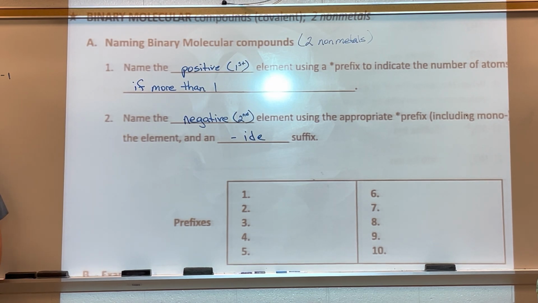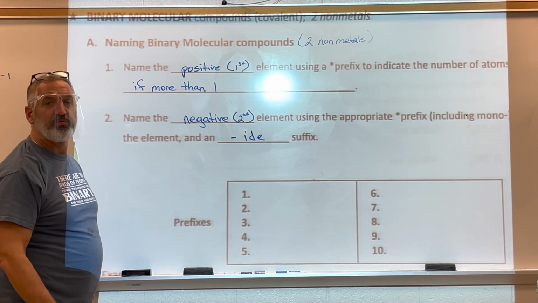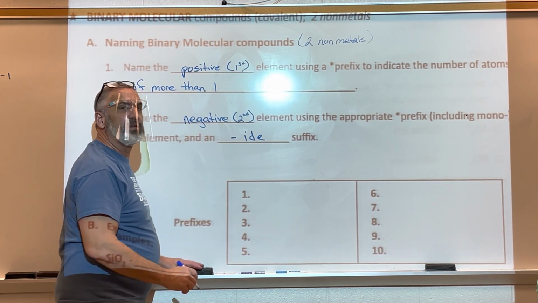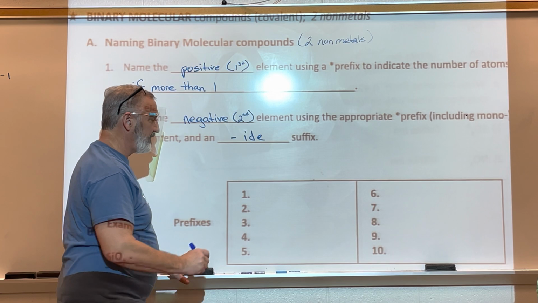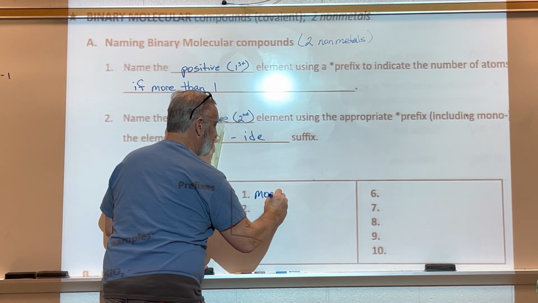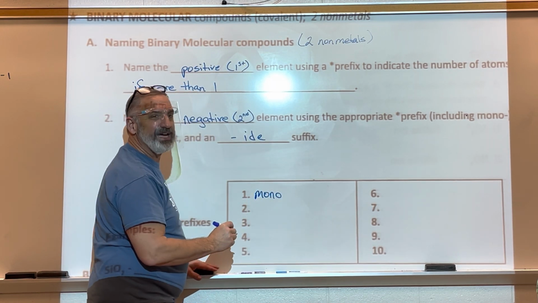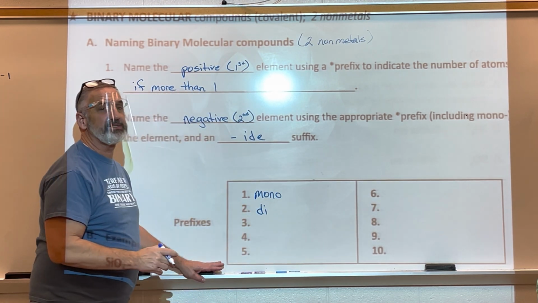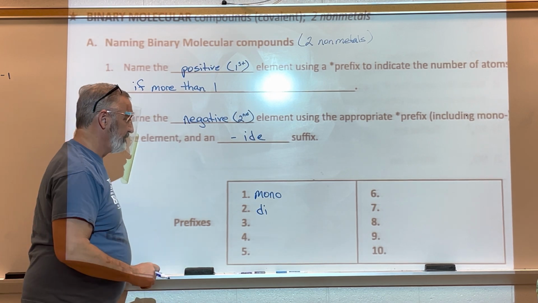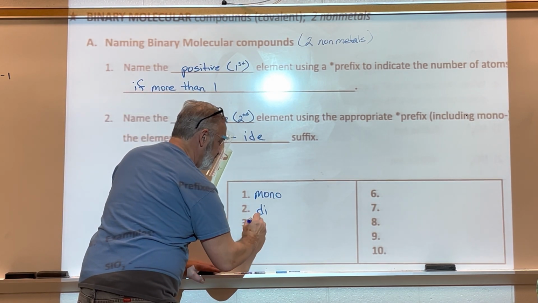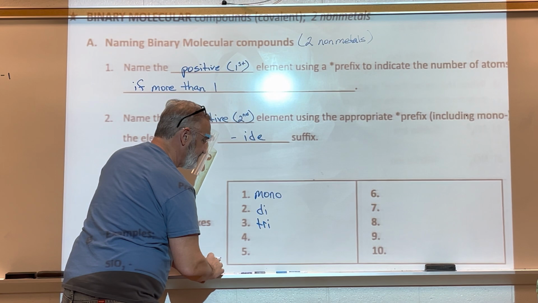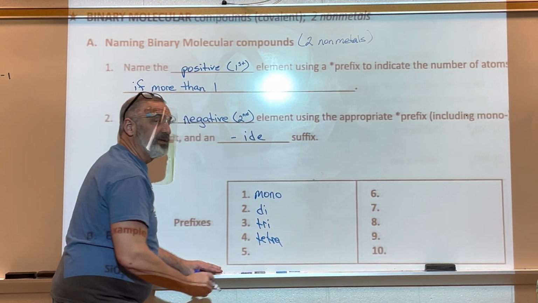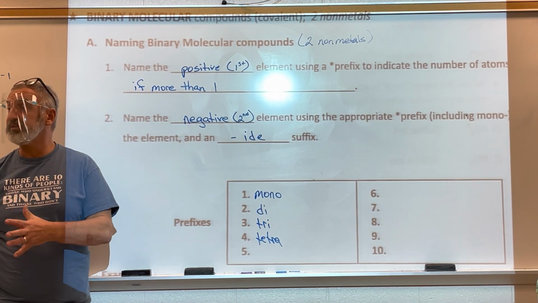So what's the prefix for 1? What's the prefix going to be for 1 that we would use? Mono. What about 2? Di. Not bi, but di. Ooh, that reminds me, I'll come back to that. 3 is tri. 4 is tetra, as in a tetrahedron has 4 sides.